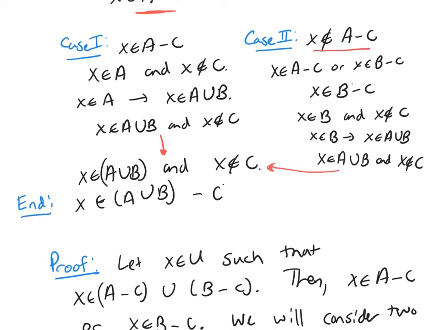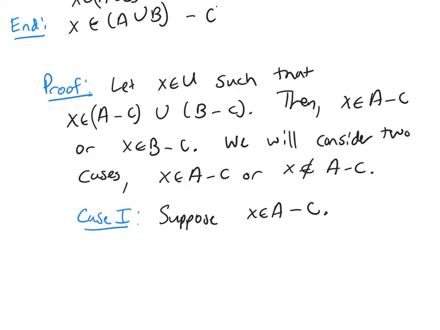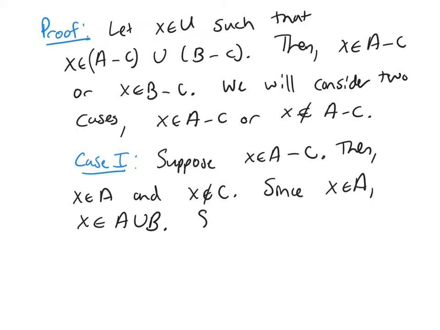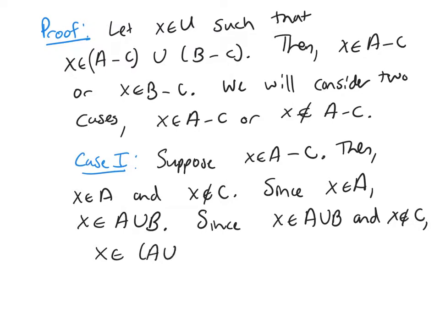That means X is in A and it's not in C. But since X was in A, we said X was in the union, A union B. And since X is in A union B and X is not in C, X is in this difference, A union B minus C. And that was the end of case 1.